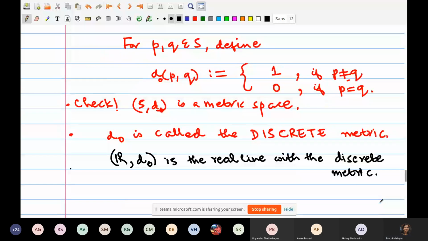Okay. So in order to use these metric spaces effectively, let's see a couple more definitions. All right. So the first definition is the following.